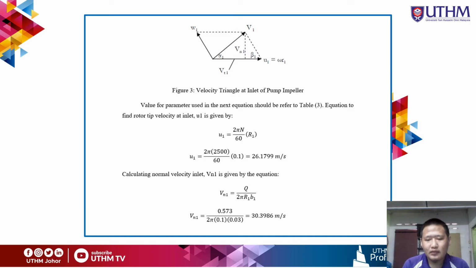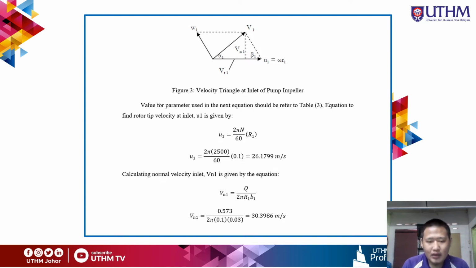We get 2 pi times 2500 divided by 60 times 0.1, and we get the answer 26.1799 meters per second.